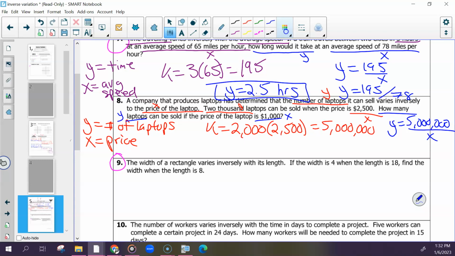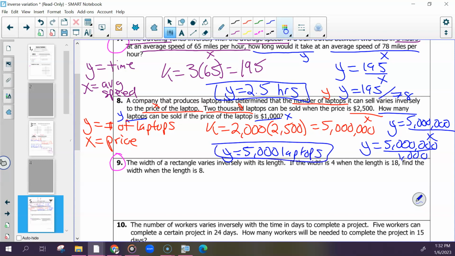So put in 1,000 for X. How many laptops do we have? 5,000. And since we're looking for number of laptops, our label would just be laptops, not dollars.